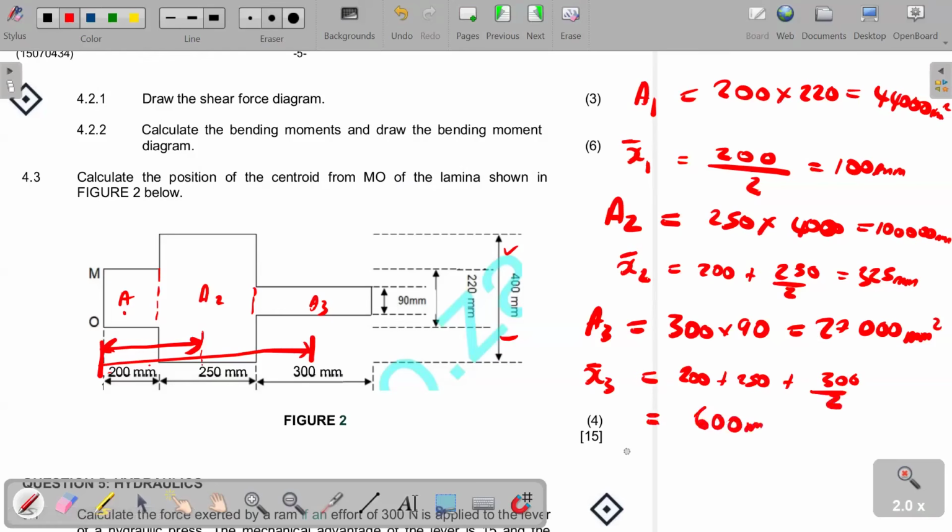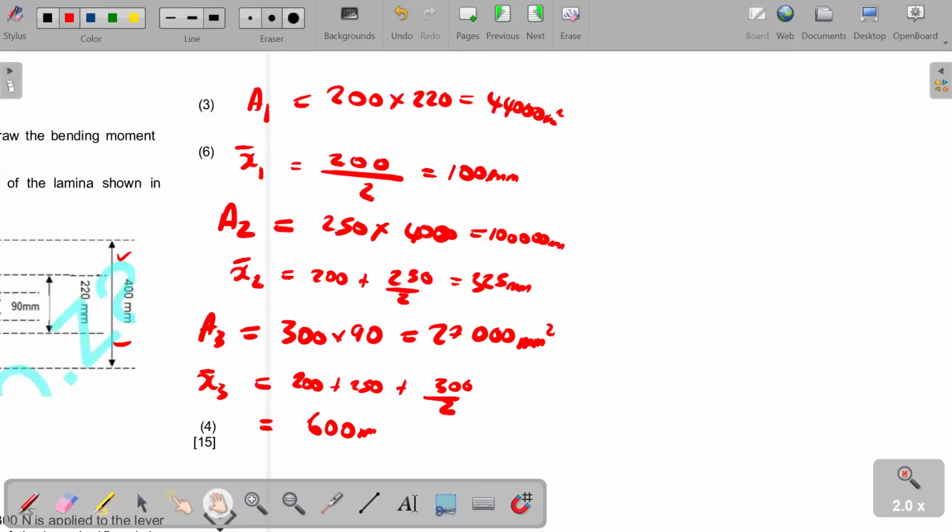So we have them all. Now that we have them all, we go to the formula. It means X T bar is now given by A1 times X bar 1 plus A2 times X bar 2, right?